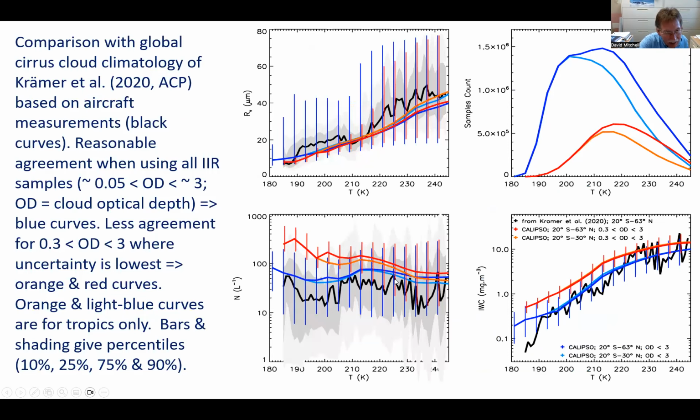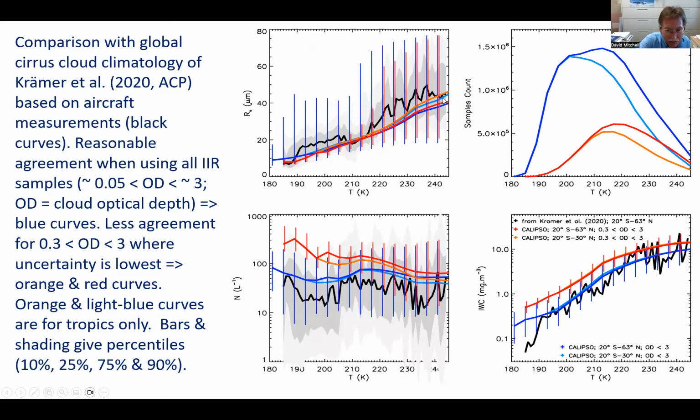We also had to compare with Martina Krämer's climatology, and that's shown by the black curves here. RV is the mass volume radius. It's essentially ice water content over number concentration times a constant.